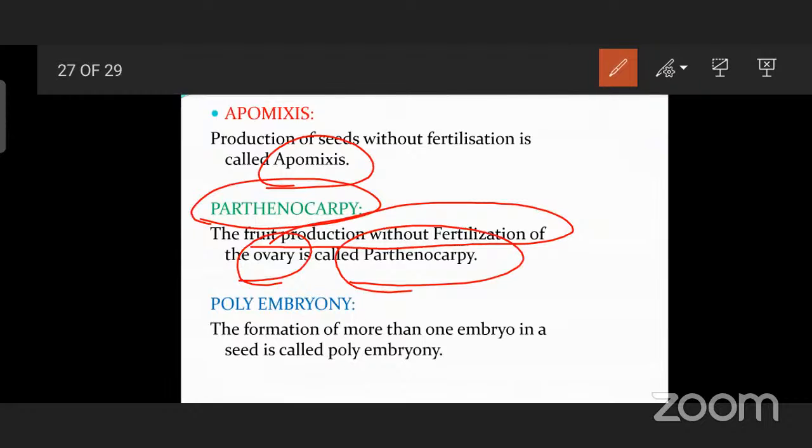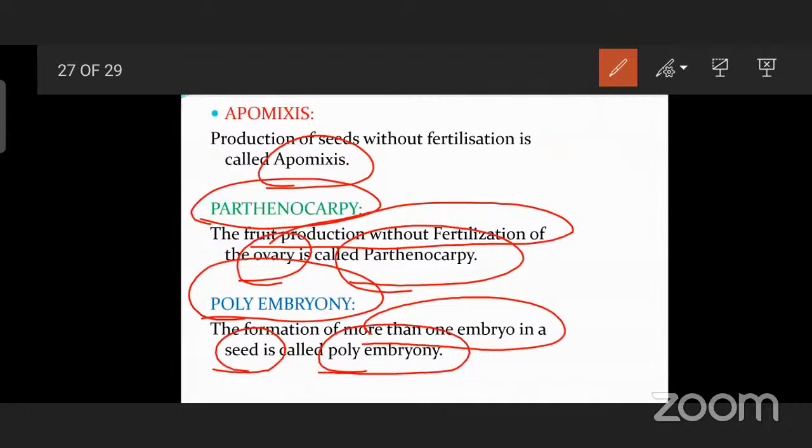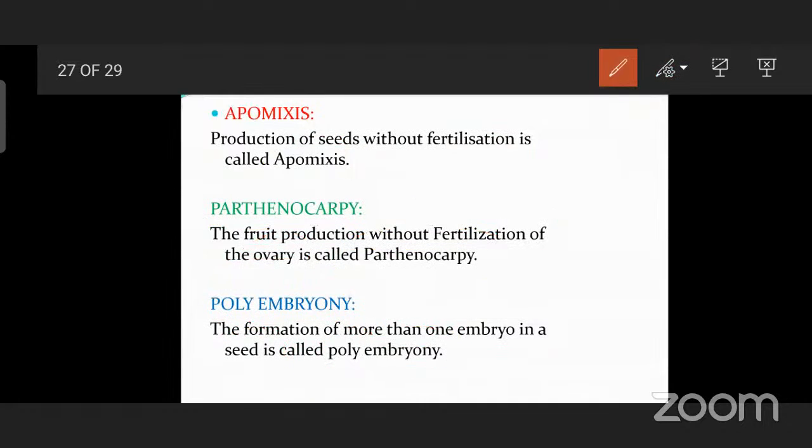Example, banana, watermelon, orange, grapes. And finally, polyembryony. The formation of more than one embryo in a seed is called polyembryony. Poly means many. Example, citrus and mango.